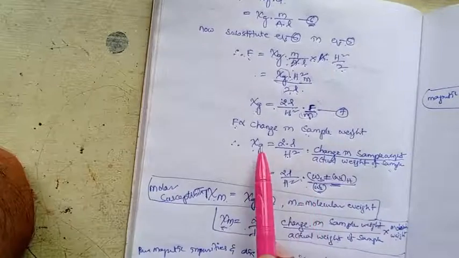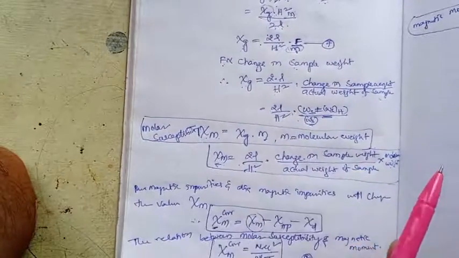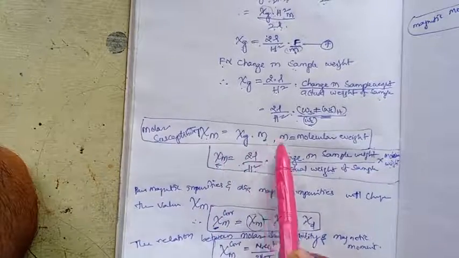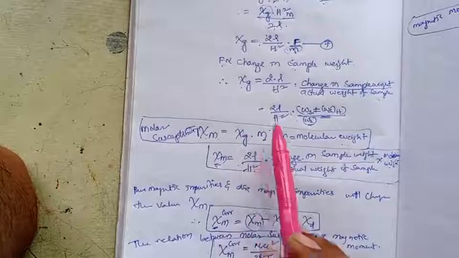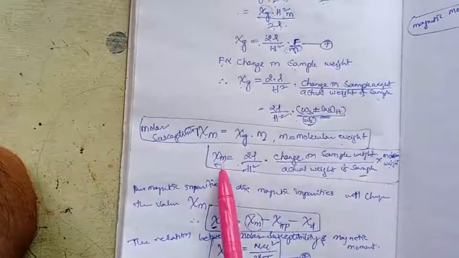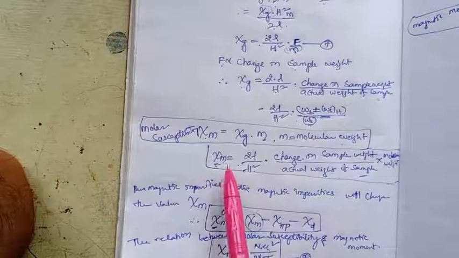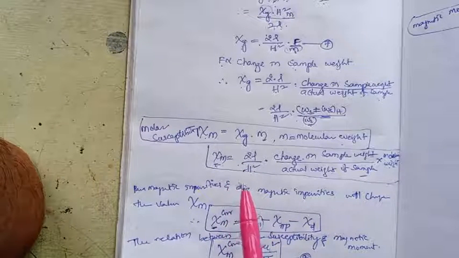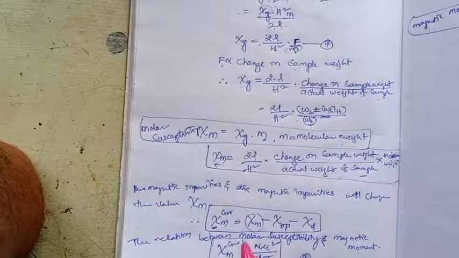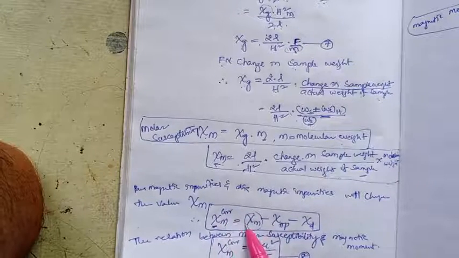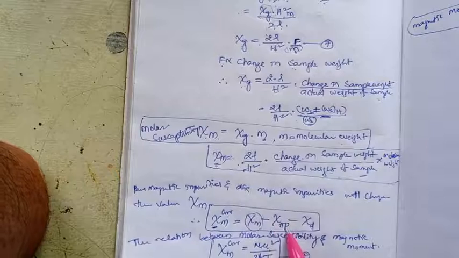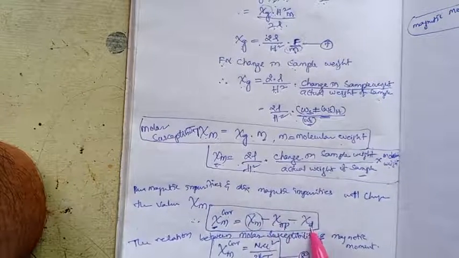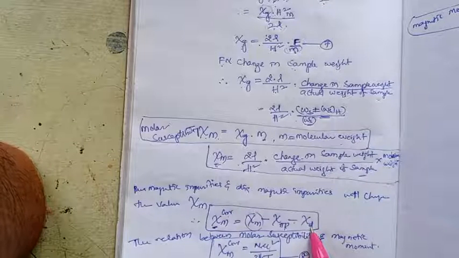This gram susceptibility, when we convert it into molar susceptibility, is equal to gram susceptibility into M, which is the molecular weight. This molar susceptibility needs some corrections due to impurities in the sample. The corrected molar susceptibility is equal to molar susceptibility minus the susceptibility of paramagnetic impurities minus the susceptibility of diamagnetic impurities.